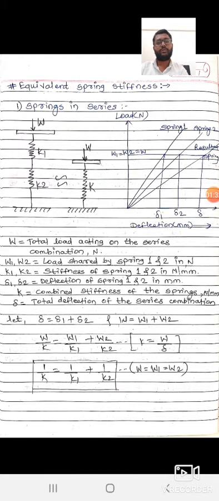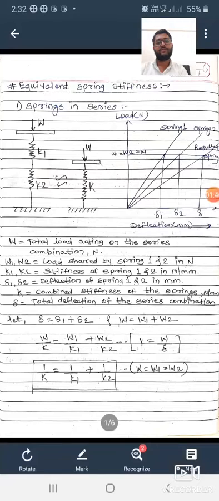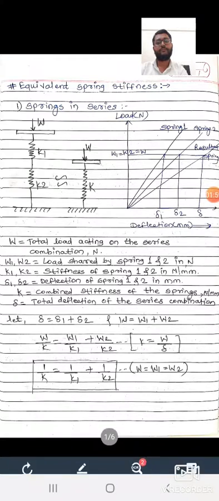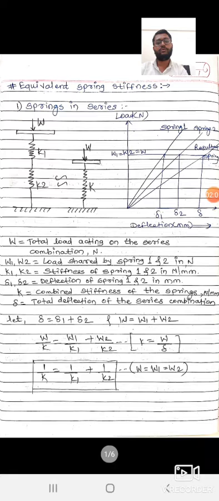Let the deflection delta equal delta 1 plus delta 2 because the springs are in series combination, and W is equal to W1 plus W2. So we have W1 equal to W2 equal to W. So we have delta equal to W by K, that is equal to W1 upon K1 plus W2 upon K2.